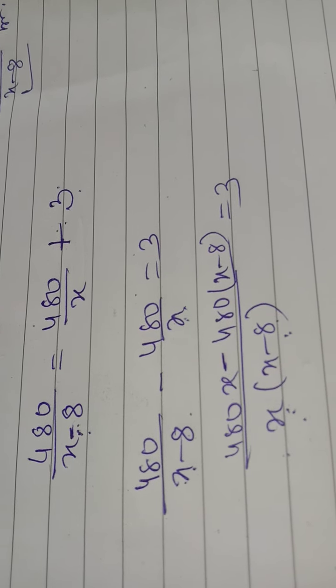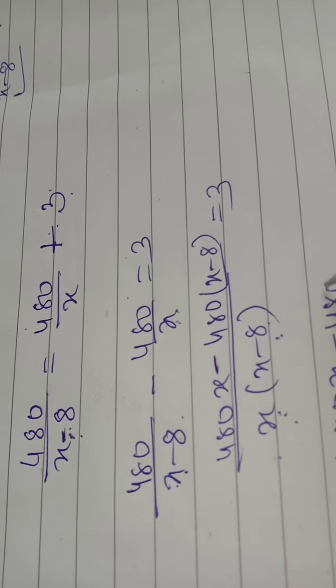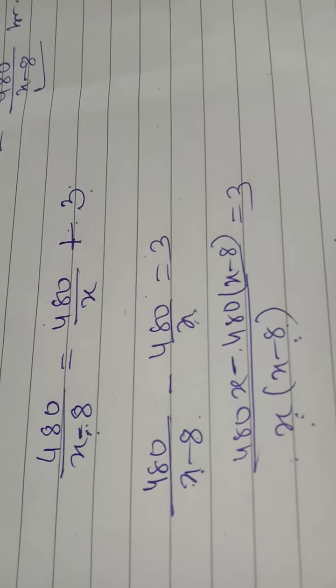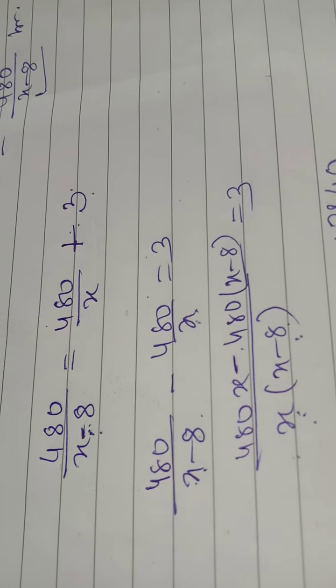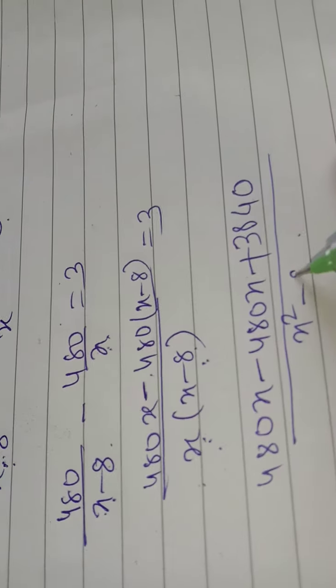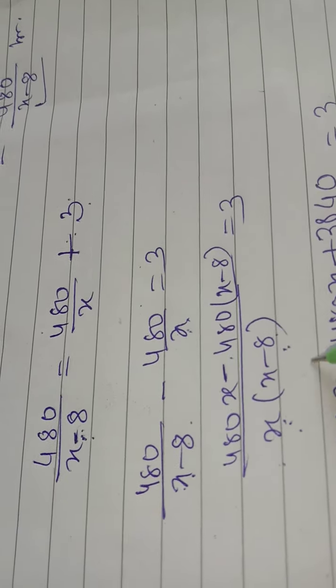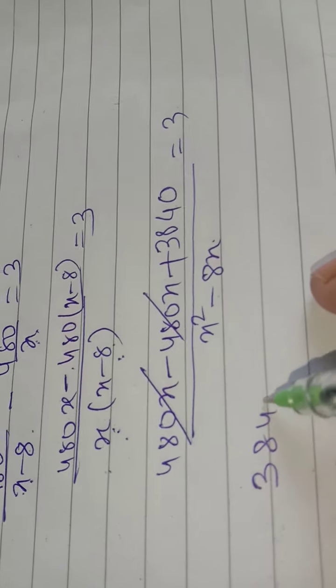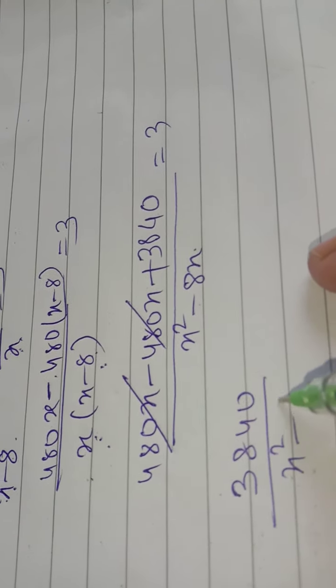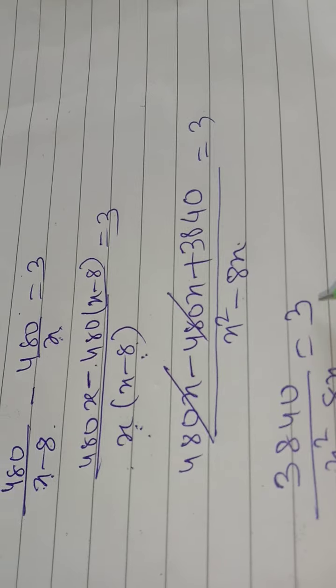So 480x minus 480x plus 3840 upon x square minus 8x. Now cancel it. 3840 upon x square minus 8x is equal to 3 upon 1.